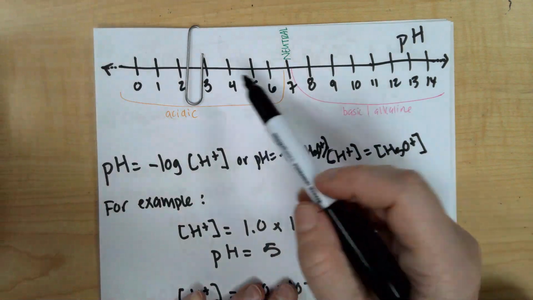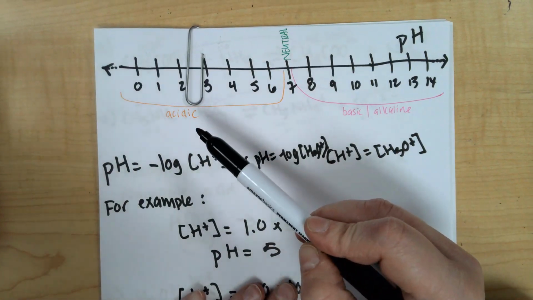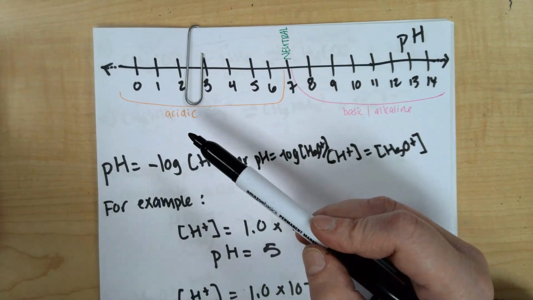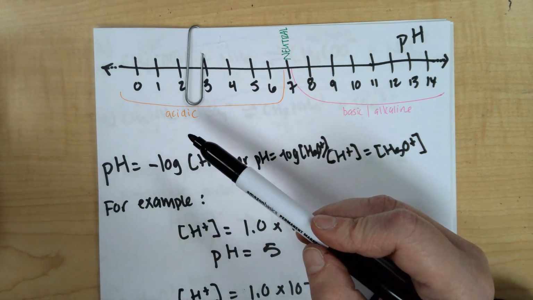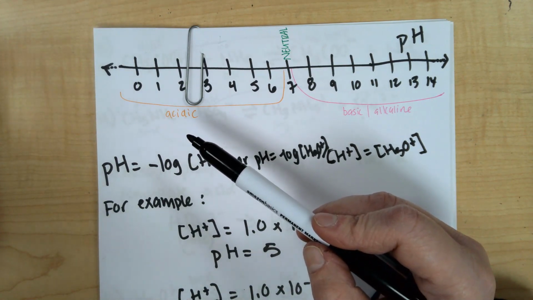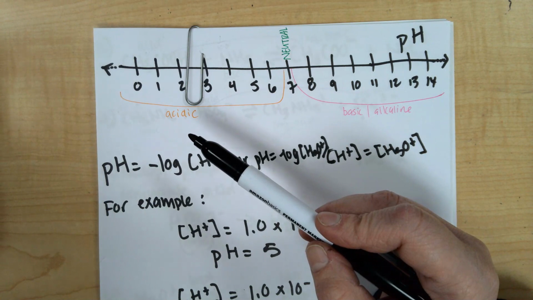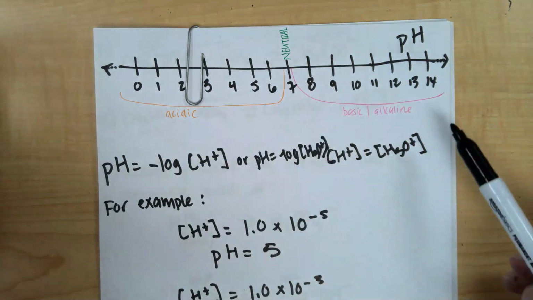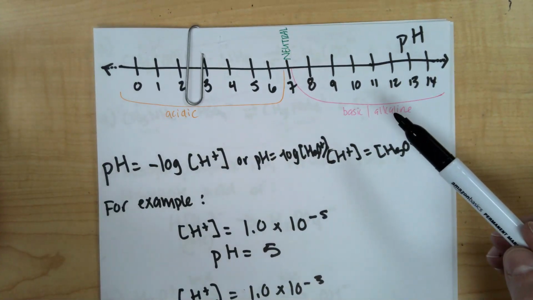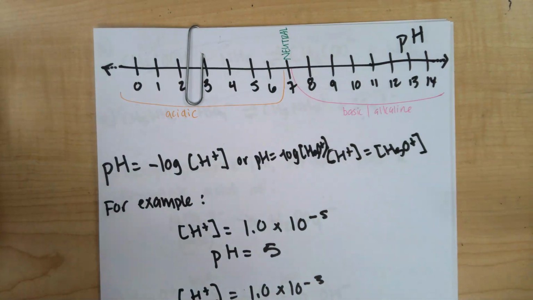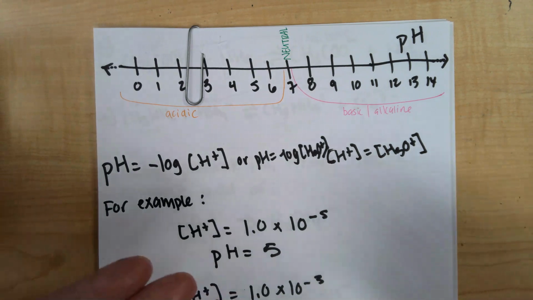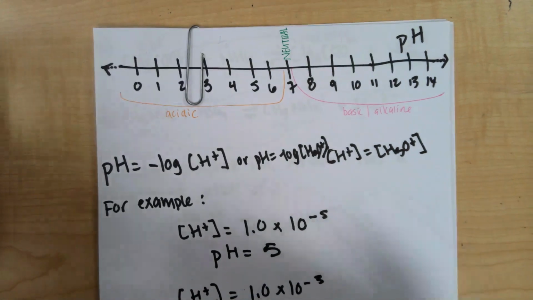So we get an acidic solution when we have extra H plus floating around. That's when we know there's an acid present, because there's more H plus than what water would give off. If it was just water, the H plus and the OH minus would be the same. We have a basic solution when we have extra OH minus floating around, because if it was just water, the OH minus and the H3O plus would be the same concentration.